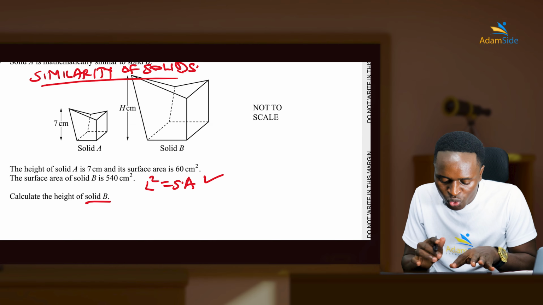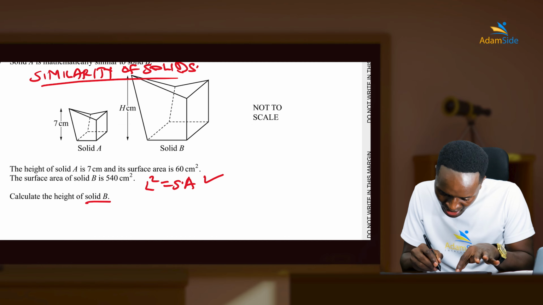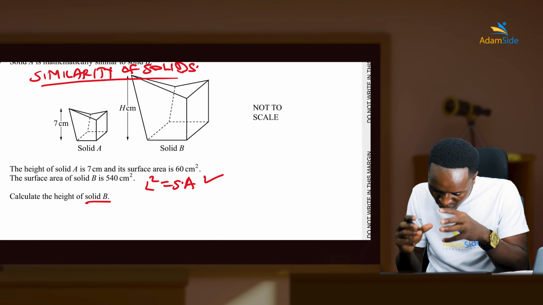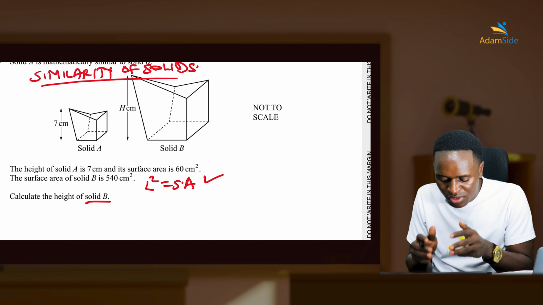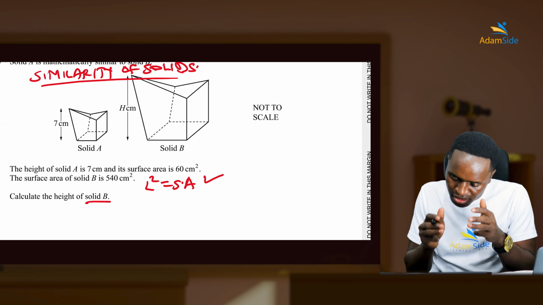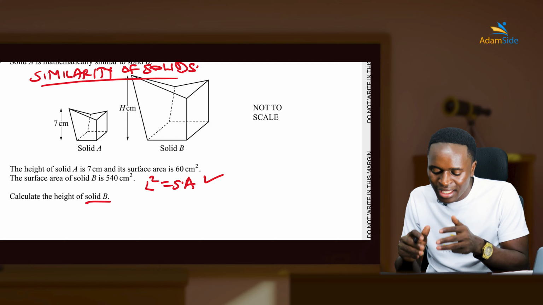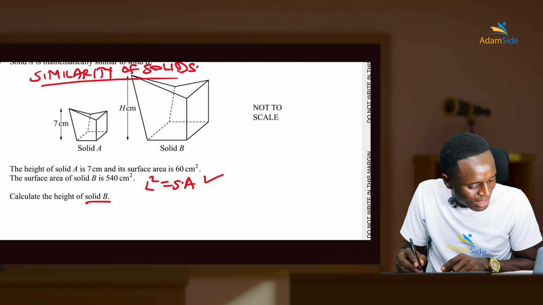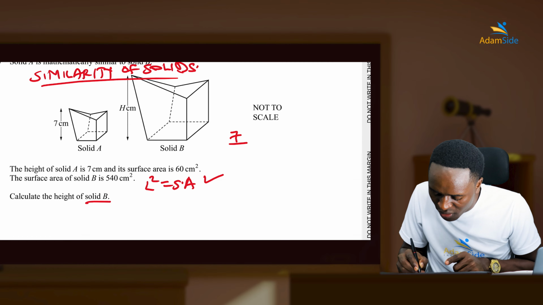If you have two solids A and B, the height of solid A divided by the height of solid B, if you square this, will be equal to the area of solid A divided by the area of solid B. If you start with solid B, the height of solid B divided by the height of solid A, you square it, then it will be equal to the area of solid B divided by the area of solid A. So we understand the comparison. In that case, I'm starting with the height of solid A, which is the smaller, 7, divided by the height of the larger.